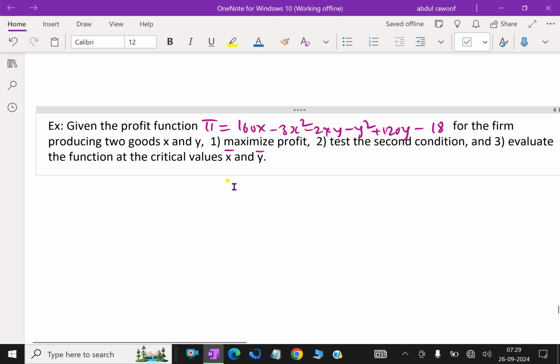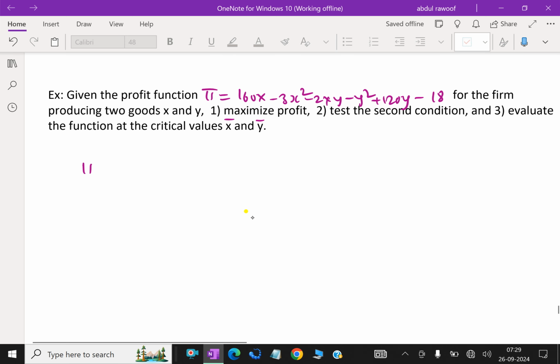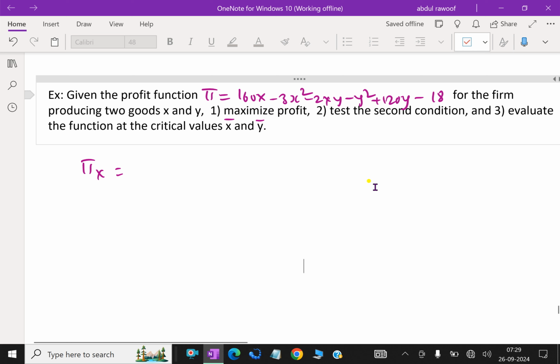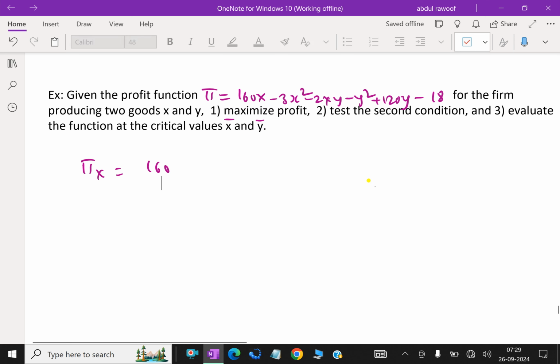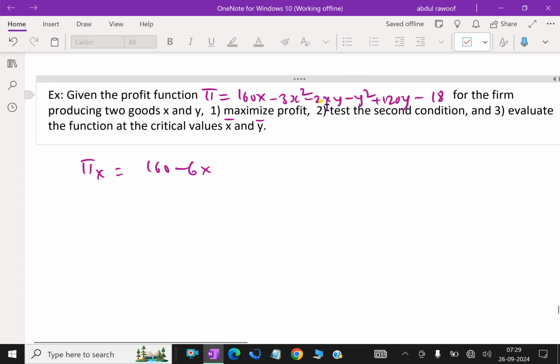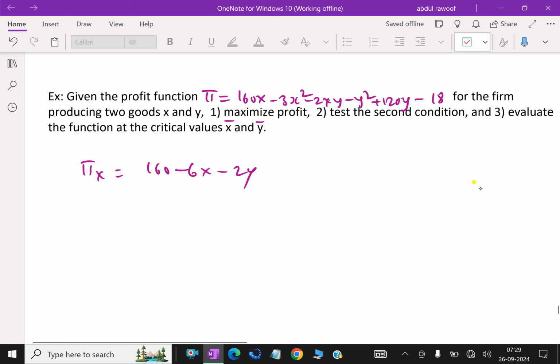Given the profit function, first pi x means the partial differentiation of this function with respect to x, which gives 160 minus 6x minus 2y equal to 0.